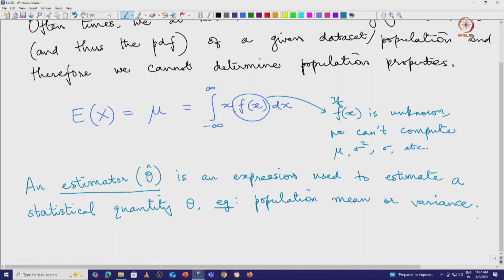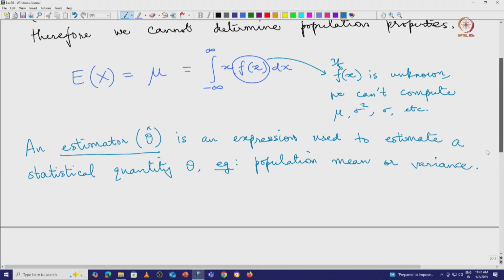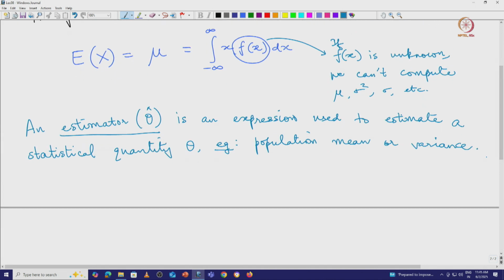Okay. So, you define an estimator for that, and obviously an estimator can only provide an estimate, it may or may not be 100% accurate, and in more statistical terms you can define what is known as the bias of an estimator. Okay.